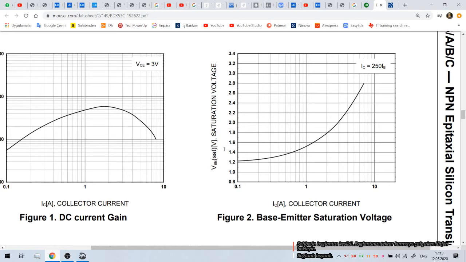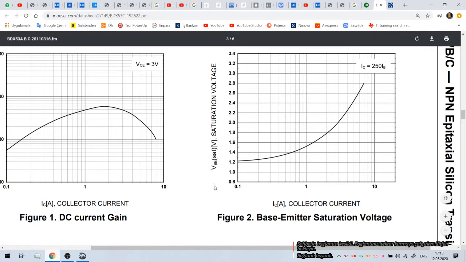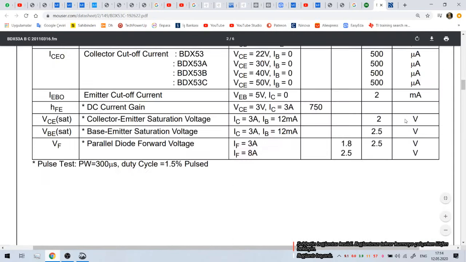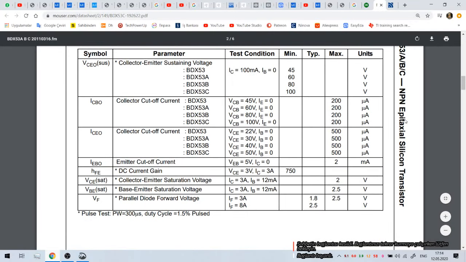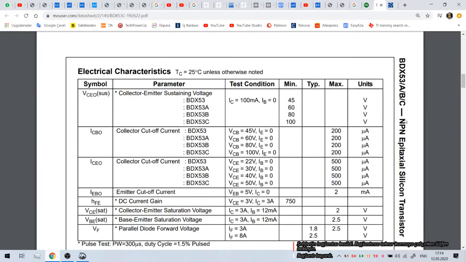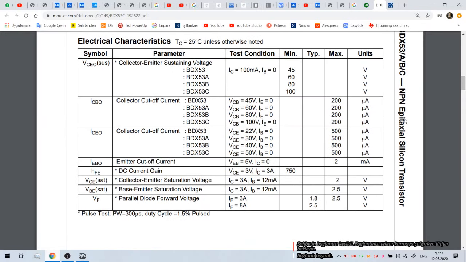Yes, I can say it is nearly linear. So maybe we can use op amp directly. Interesting. It seems very interesting to me.